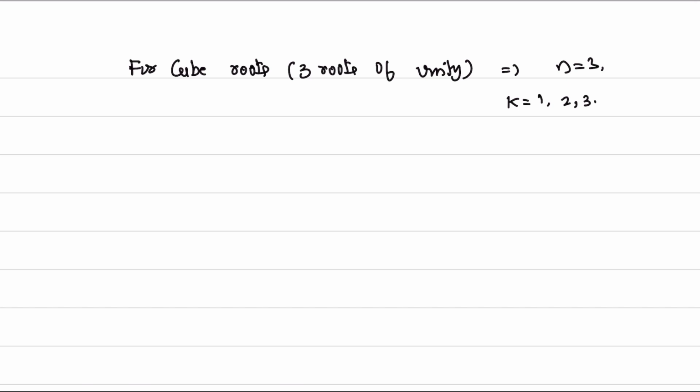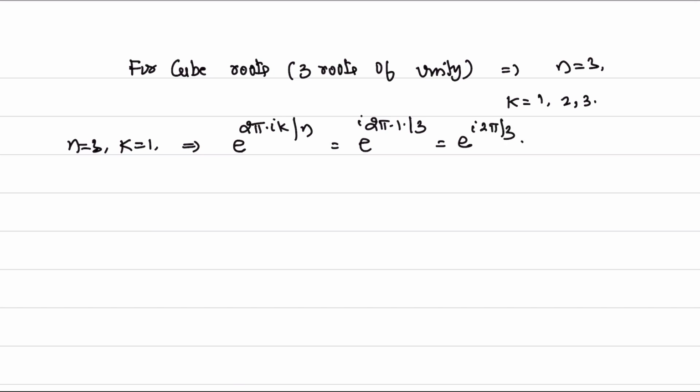If n is equal to 3 and k is equal to 1, the value of e to the power of 2 pi I k by n is equal to e to the power of 2 pi into 1 by 3, e to the power of I 2 pi by 3.